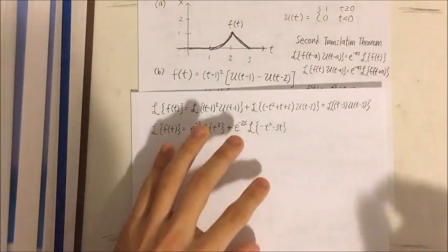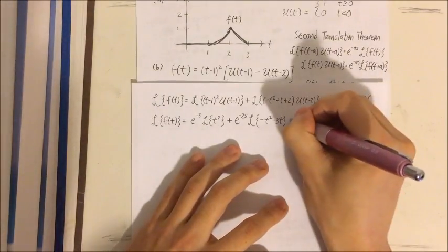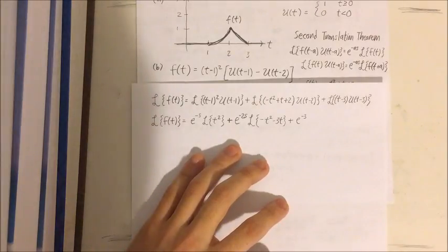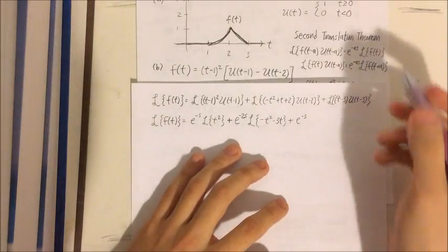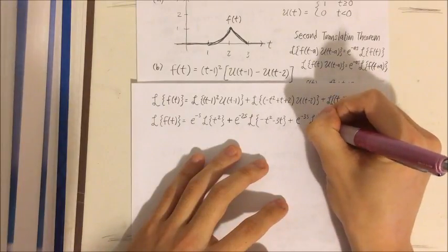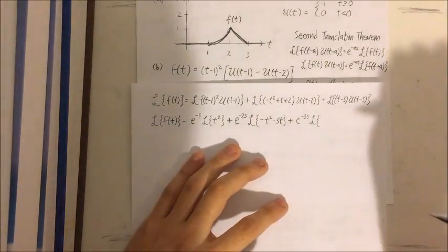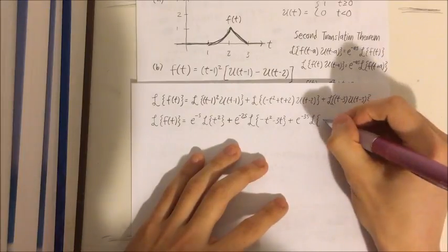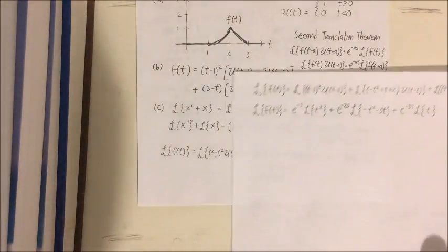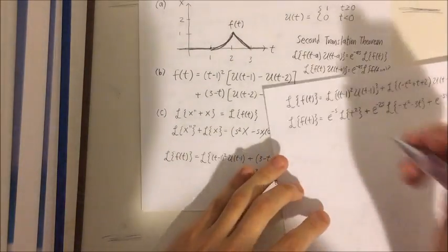Okay, and now let's move on to this, which is relatively simple. We have a over here is going to be equal to 3, so we have e to the negative 3s times the Laplace transform of, well, it's just the function t. So now that we have this, let's continue.